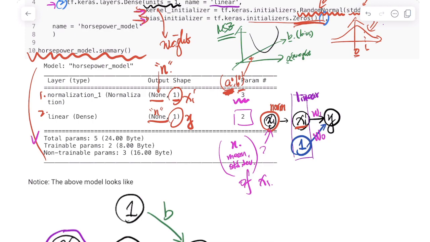So right here we can see that the total number of parameters is 5, but only 2 of them, W1 and W0, are trainable, because we need to train these values to find the optimized W0 star and W1 star to minimize the MSE. But these 3 values, n, the mean value, and the standard deviation of x1, are non-trainable parameters. That is how you read this summary.